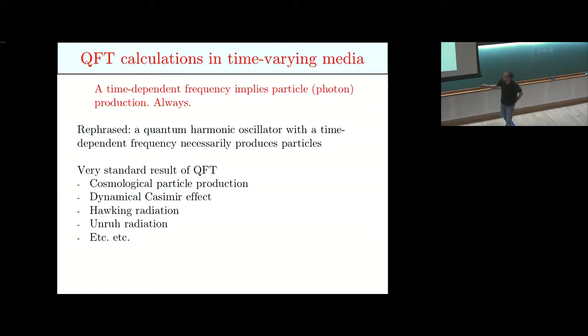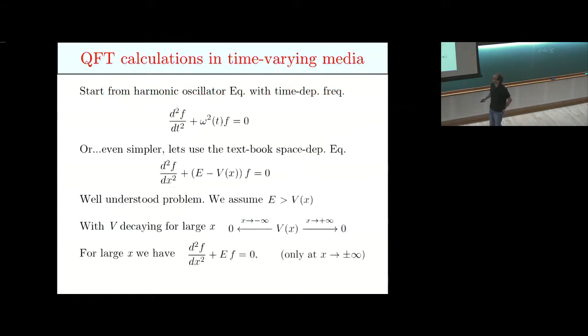You need to be a little careful about how you rephrase the time dependence in each of these cases, especially Hawking radiation. We discussed this at the tutorial last week. But essentially, this is the mechanism that lies at the basis of all these effects.